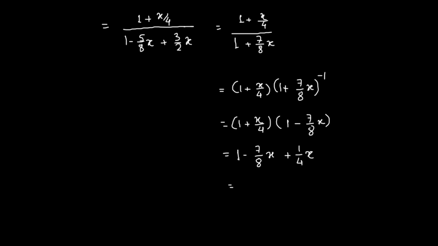We combine the common term, and that should give us 1 minus 5 over 8 times x. So this is the final answer.